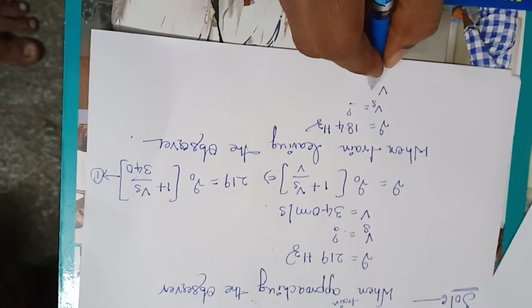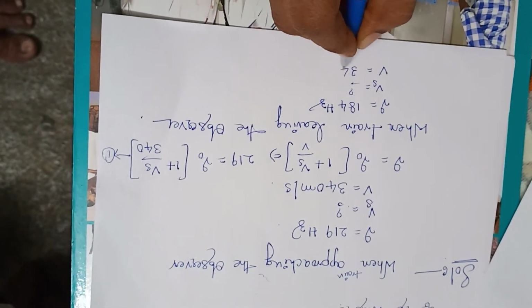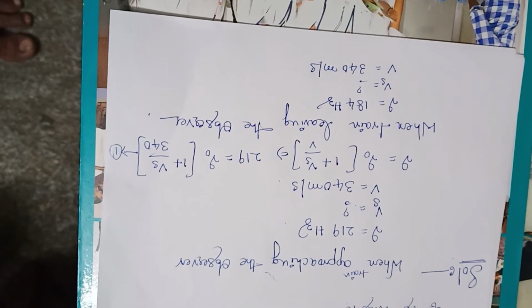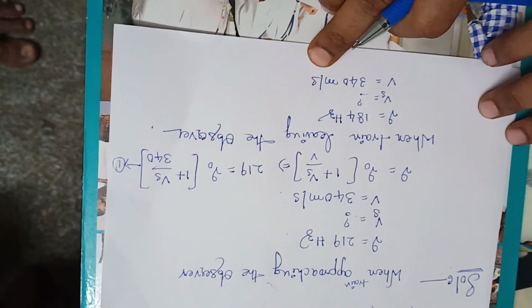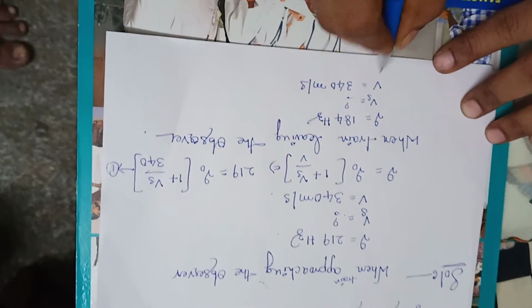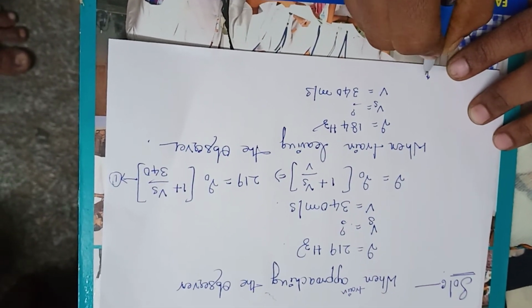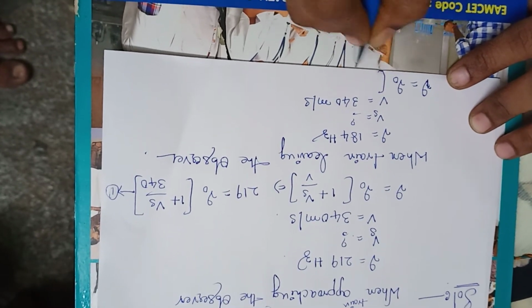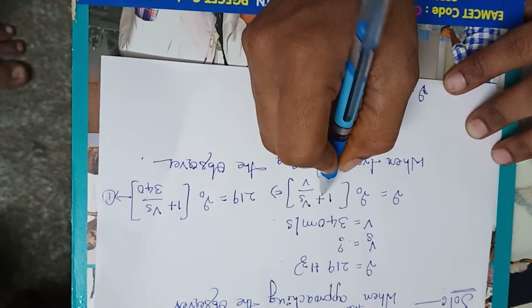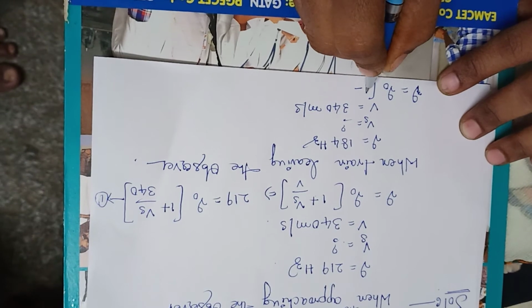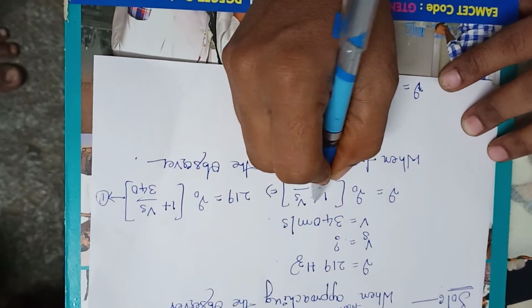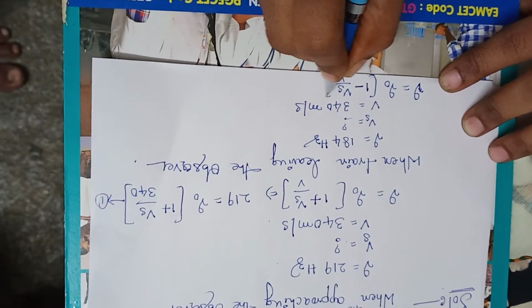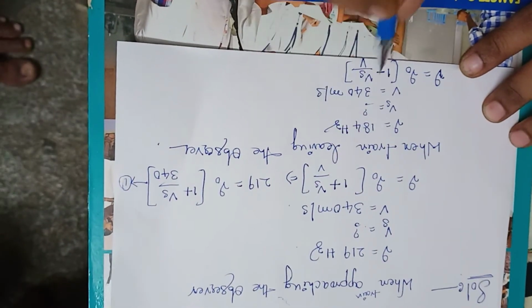And v equals 340 meters per second, the same sound speed. So nu equals nu naught into the same equation, but with minus instead of plus. Why plus and minus?